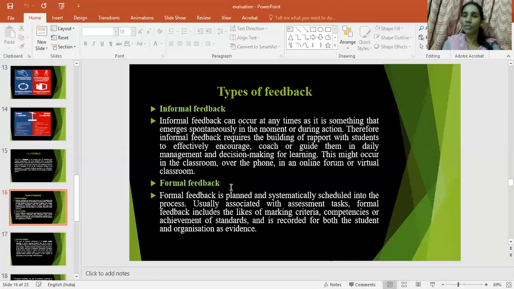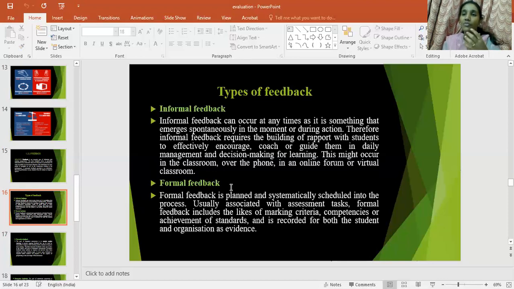Informal feedback means it is not a systematic feedback. We are giving general feedback to the students. We are not telling them you are weak in this point, or in this subject or chapter. No, all of a sudden you meet the students, or you come together, and you tell the students, okay, you are weak in this, just improve on it.